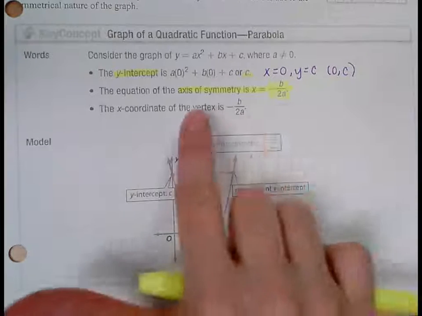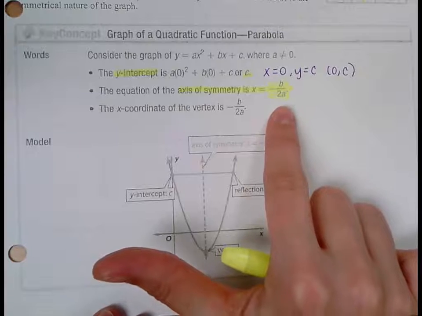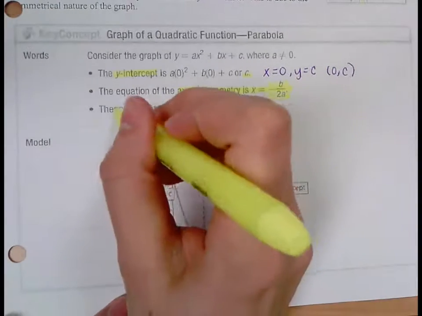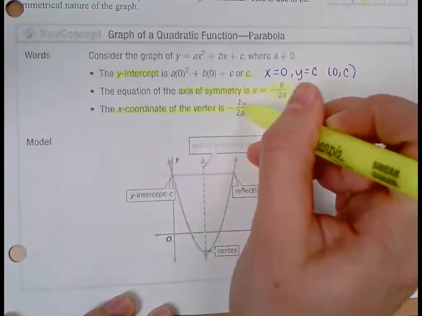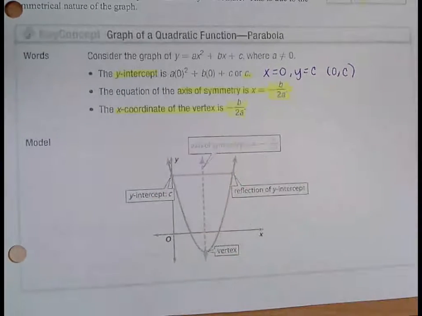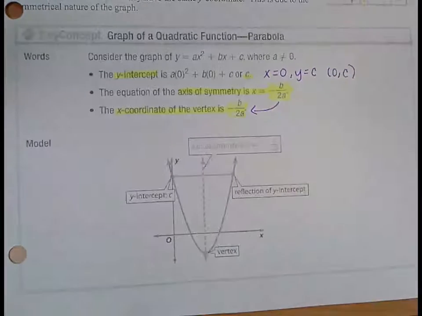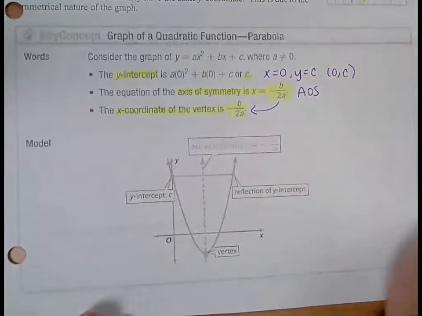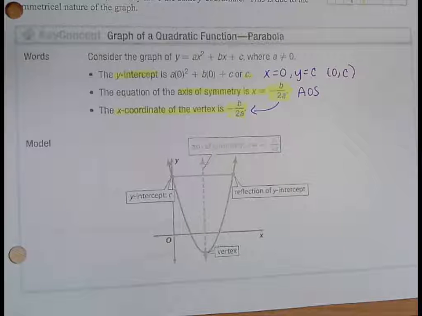And then because the axis of symmetry intersects the parabola at the vertex, the x-coordinate of the vertex is also negative b over 2a. So that's because the axis of symmetry intersects it. I usually refer to the axis of symmetry as AOS. If you hear me say AOS or write AOS, that's what I'm referring to. And you can write that as well, just for shorthand.